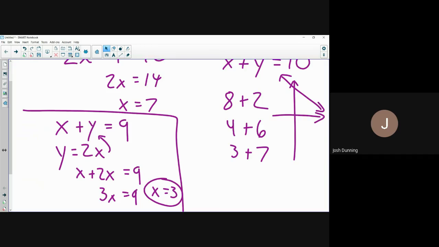What this means then, if you have two variables, you can't get a solution with just one equation. You have to have a second equation to get a definite solution.